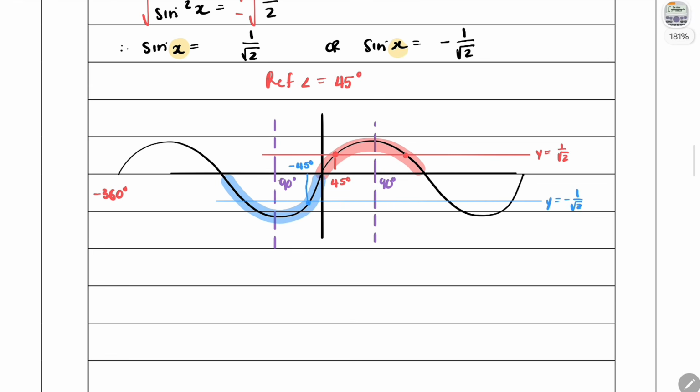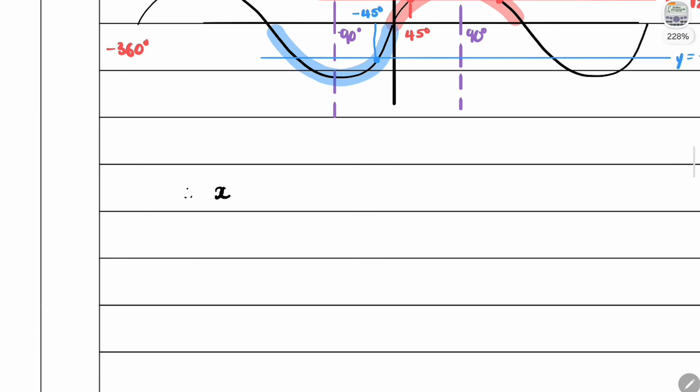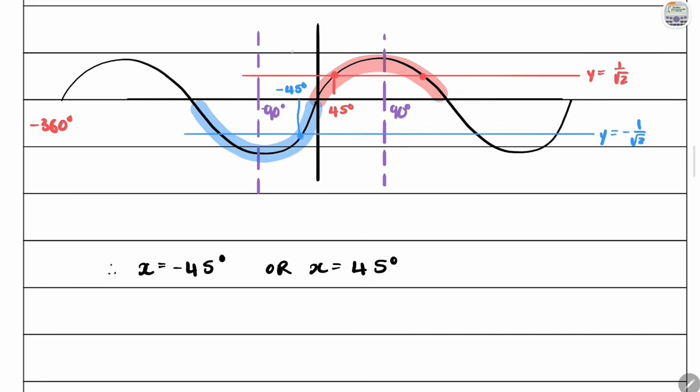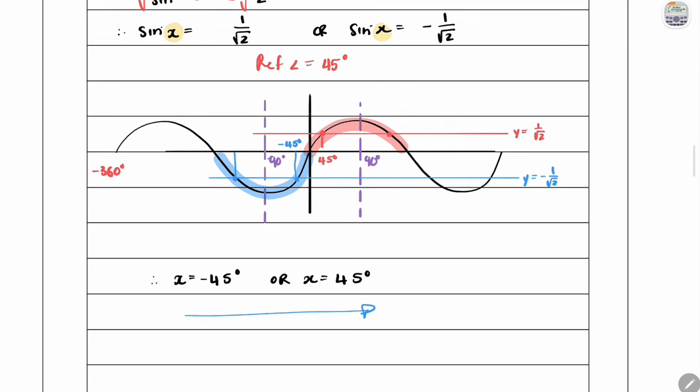Okay, so we can see here that the values of x for which this expression is going to be undefined is at x equals negative 45 degrees or x equals 45 degrees. Okay, we're not going to take these ones. Yes, I know that it has a y value over here, but it is beyond this negative 90 degrees, so we won't take that. And that is our answer.